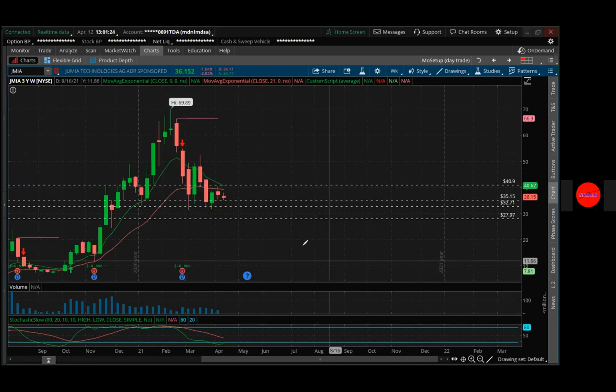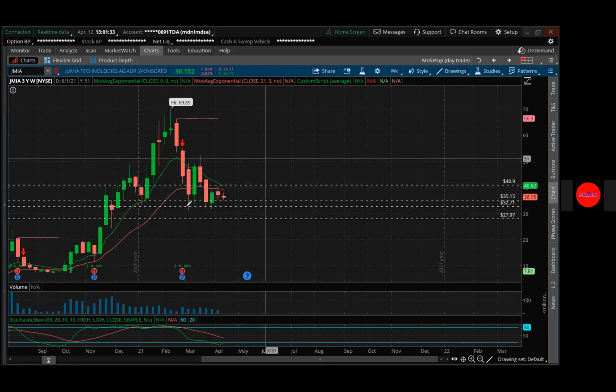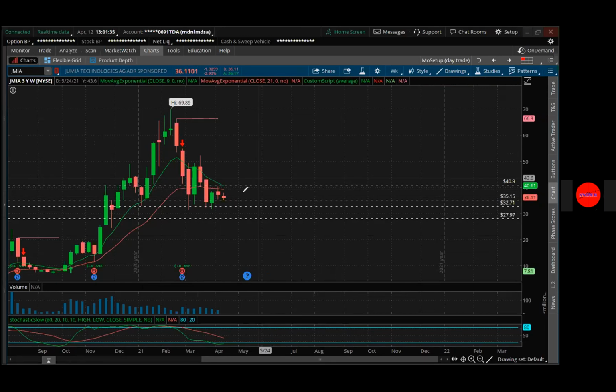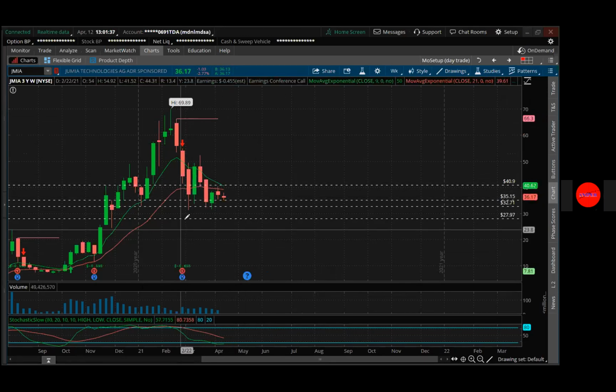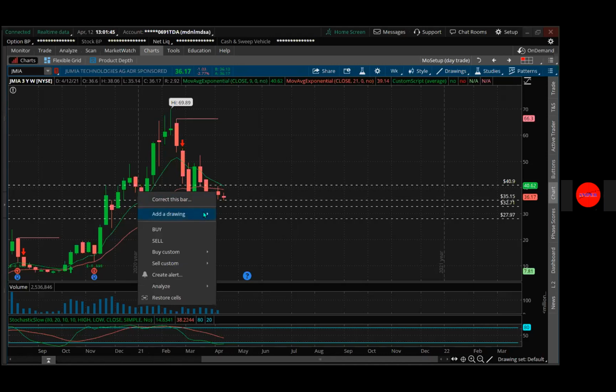Anything else on the weekly that you see? I'm not going to go above 40 for now. Yeah, it's only $4, but it seems like this stock doesn't move much unless there's some hype with it. But you could include the low right here if you want, 38.05.